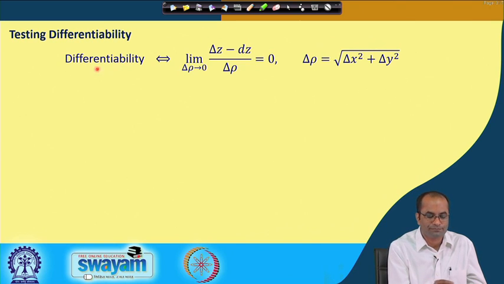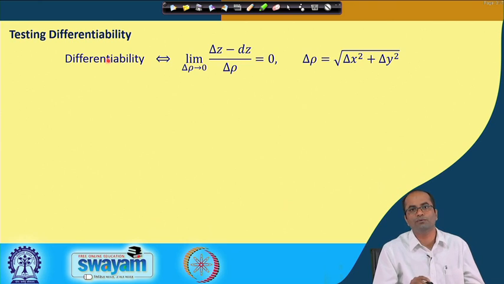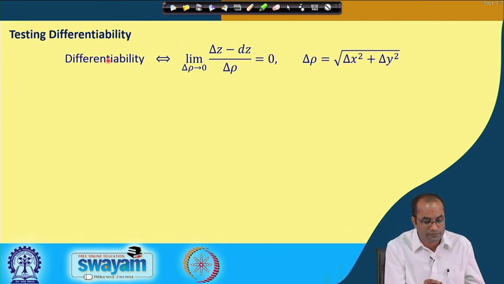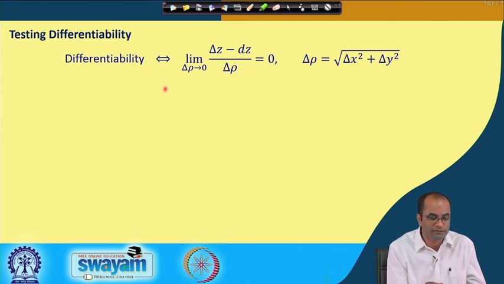Or if we have differentiability, it will imply that this limit is 0, and this limit being 0 will imply differentiability. So, both are equivalent definitions or tests for differentiability.